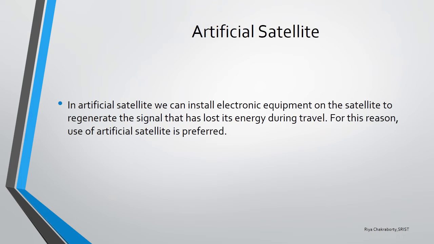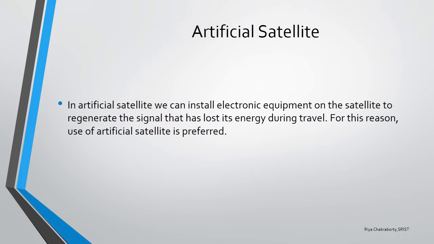Now, the question is, what is an artificial satellite? In an artificial satellite, we can install electronic equipment to regenerate the signal that has lost its energy during travel.